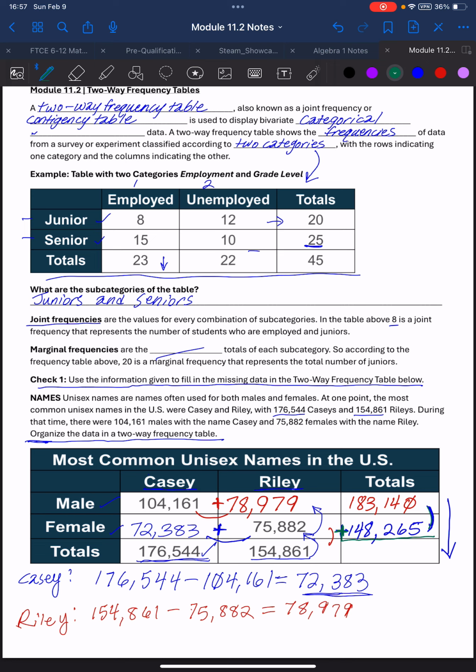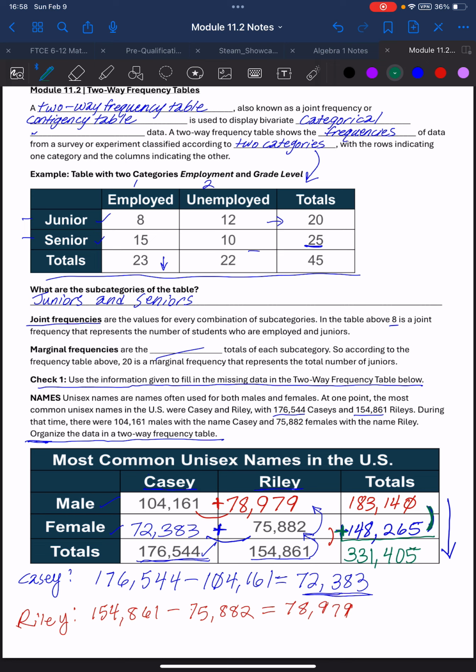Right here. So now I'm going to take 183,140 plus 148,265, and that will give me a total of 331,405.